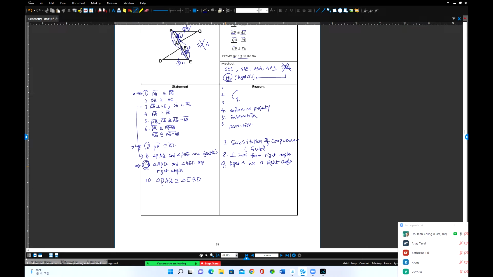This is number 9, this is number 10. Yeah, congruent. The reason is what? Hypotenuse, leg, or HL. Okay? Okay, that's the answer, okay? Just to figure it out one more time.